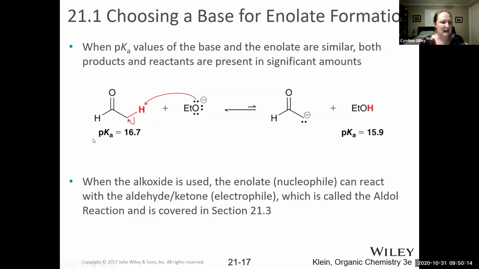Let's look at acetaldehyde as an example. Recall from the table on the previous slide that the pKa of the alpha proton of acetaldehyde is 16.7. One common mistake is that students think that the hydrogen attached to the carbonyl is acidic on an aldehyde, but the hydrogen attached to the carbonyl of an aldehyde is not acidic like the hydrogens attached to the alpha carbon of an aldehyde.